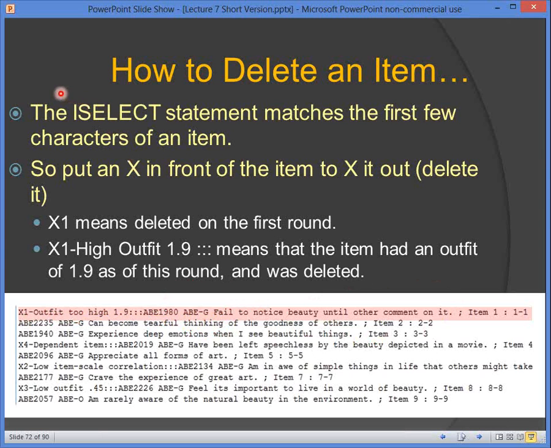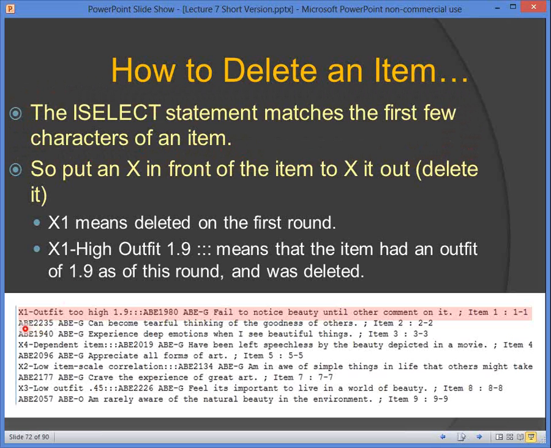So the first thing to do, you're going to change the iSelect statement to be the scale that you want to edit. Different students have different scales assigned to them in the class, right? So you're going to scroll down and change the iSelect statement to be the abbreviation of the first few characters.